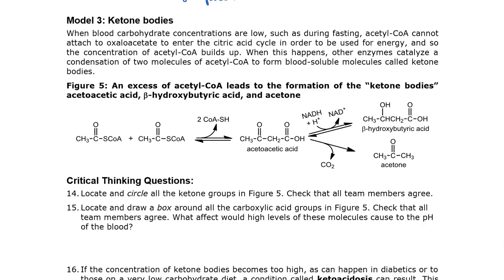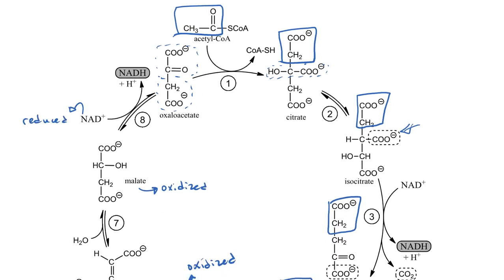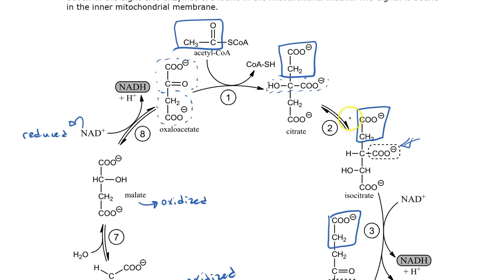When I look at the citric acid cycle, all of these things in the citric acid cycle, these are all carbohydrates. So they come from carbohydrates. If you don't have enough carbohydrates, that means the concentrations of all of these intermediates in the citric acid cycle is pretty low. So that includes oxaloacetate.